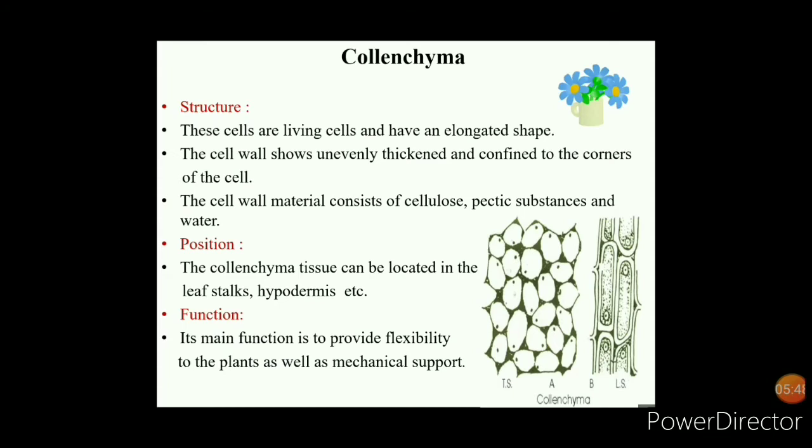The cell wall material consists of cellulose, pectic substances and water. The Collenchyma tissues are mainly located in the leaf stalks and hypodermis in the outer part of the stem or root. The main function is to provide flexibility to the plant body as well as mechanical support.